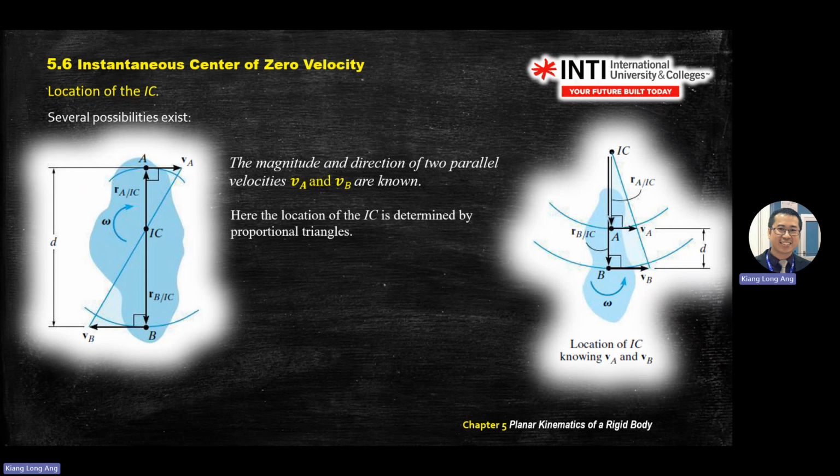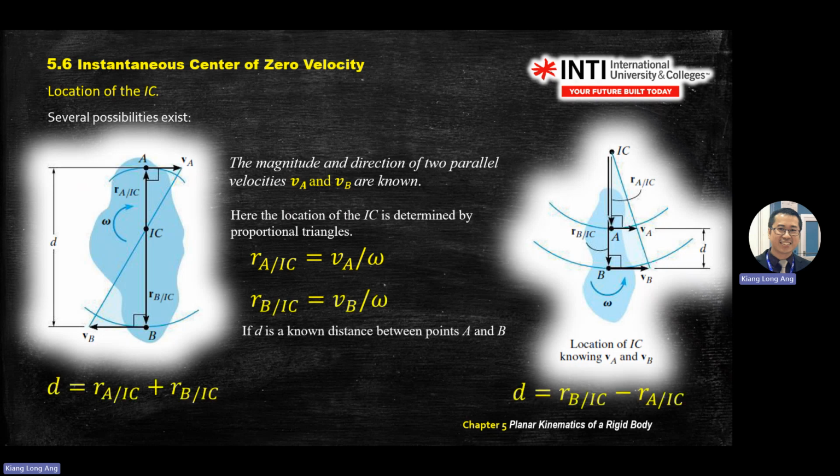So this is how you find it. The distance between the two IC points in this case is d, this one plus this one. This one is r_B/IC, r_B/IC minus r_A/IC is this distance.